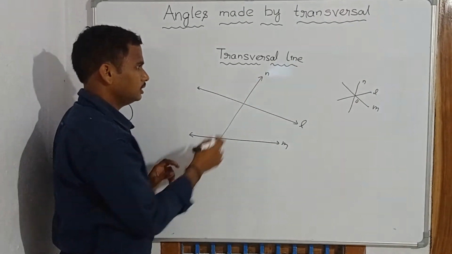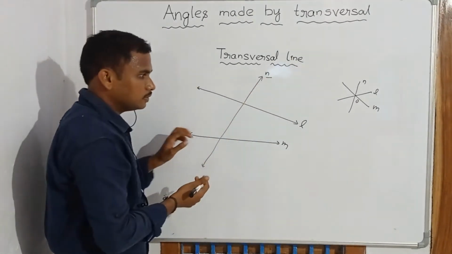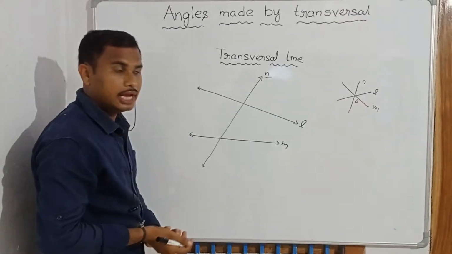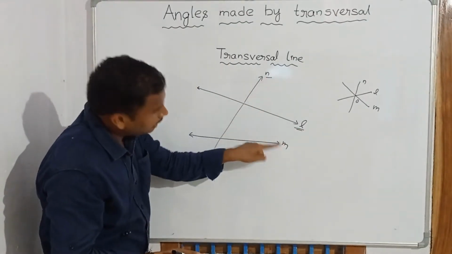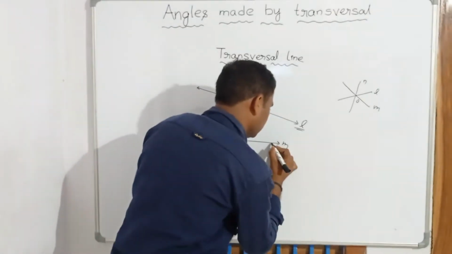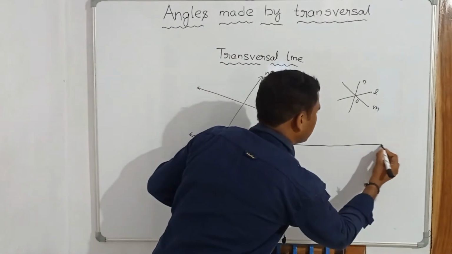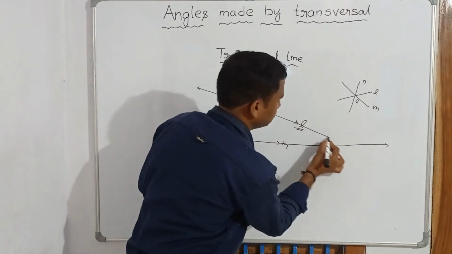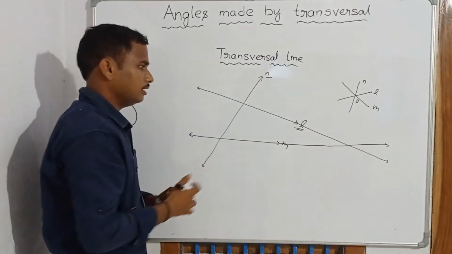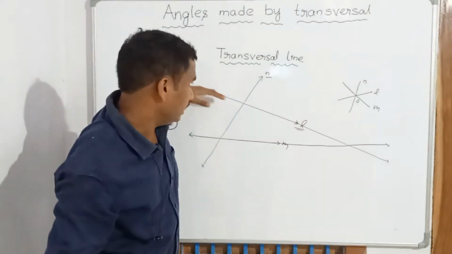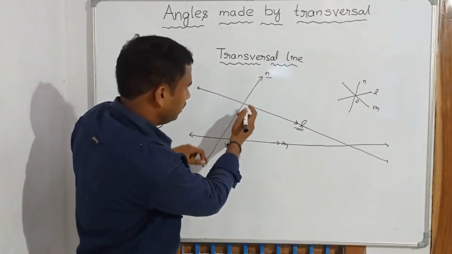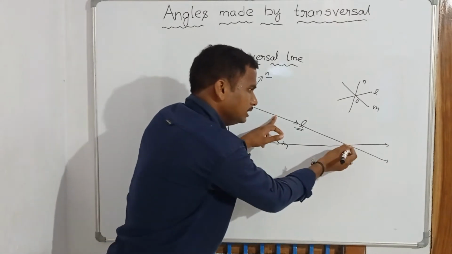So leave it. Yes, N is a transversal line of L and M, and L is also a transversal line of N and M, because a line can be extended to infinity. See this L line, L intersects N line and M line also.